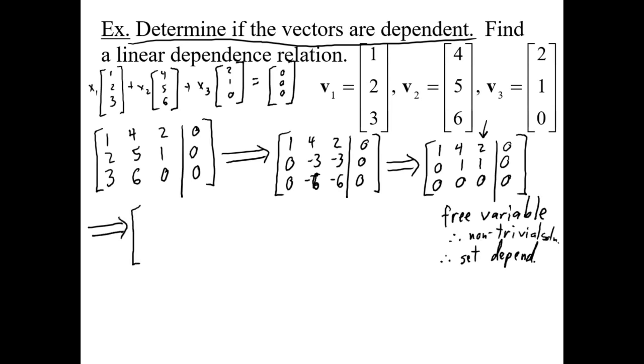So the middle row is fine. Bottom row is certainly fine. Multiply the bottom row by -4 and add the top row. It gives me 1, 0, -2, 0.